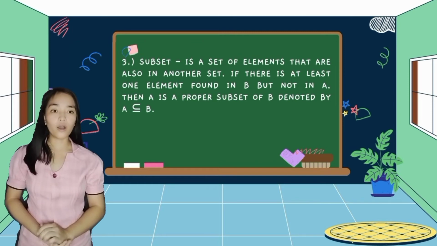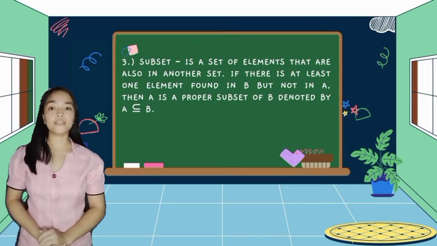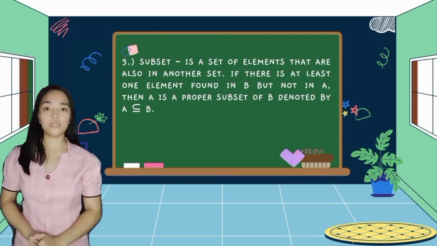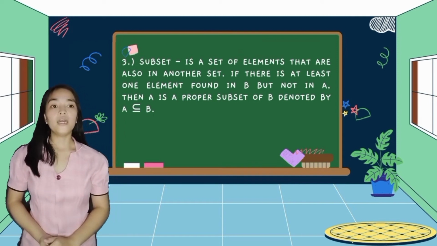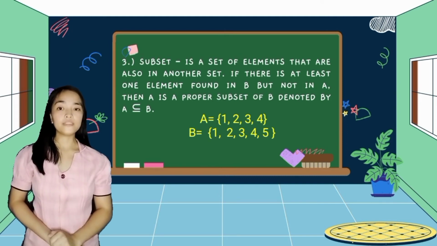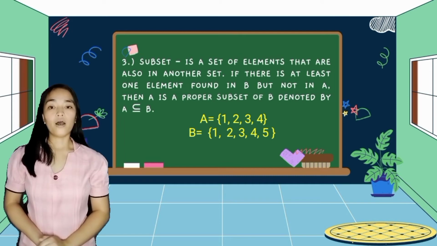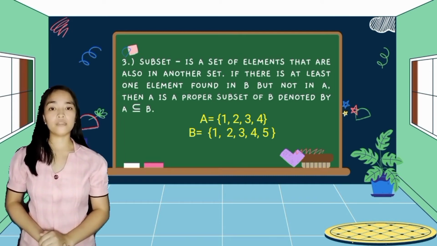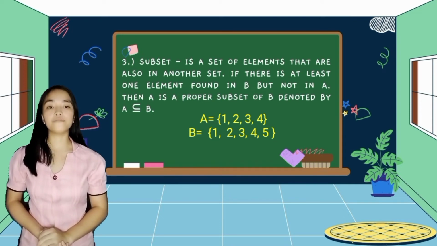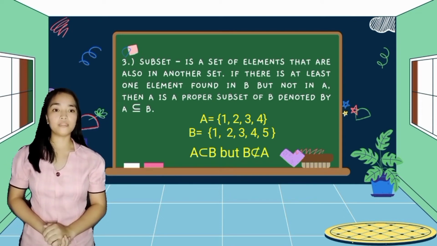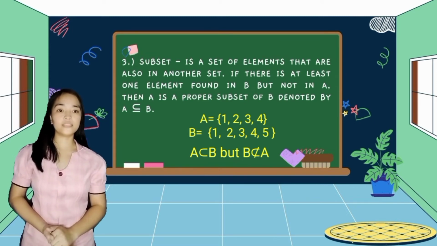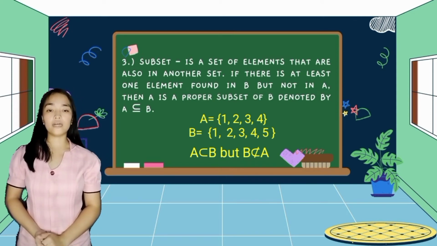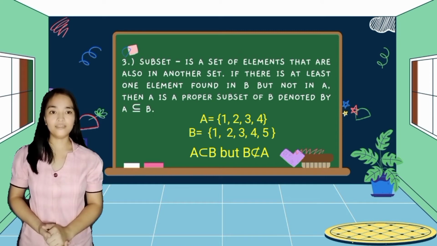If there is at least one element found in B but not in A, then A is a proper subset of B, denoted by A ⊂ B. Set A is a subset of B if every element of set A belongs to set B. In the example, if A is the set of 1, 2, 3, and 4, and B is the set of 1, 2, 3, 4, and 5, then A is a subset of B, but B is not a subset of A. Since B contains elements not in A, we can say that A is a proper subset of B.